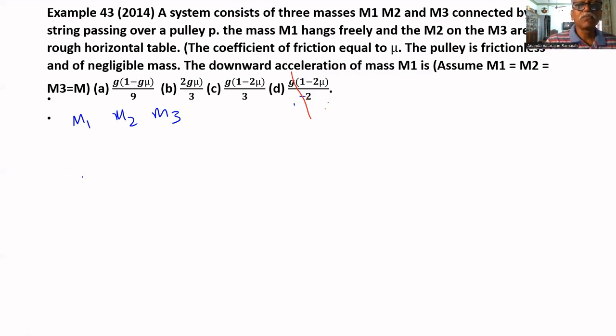The mass M1 hangs freely and M2, M3 are on a rough horizontal table. This is the table, rough horizontal table.